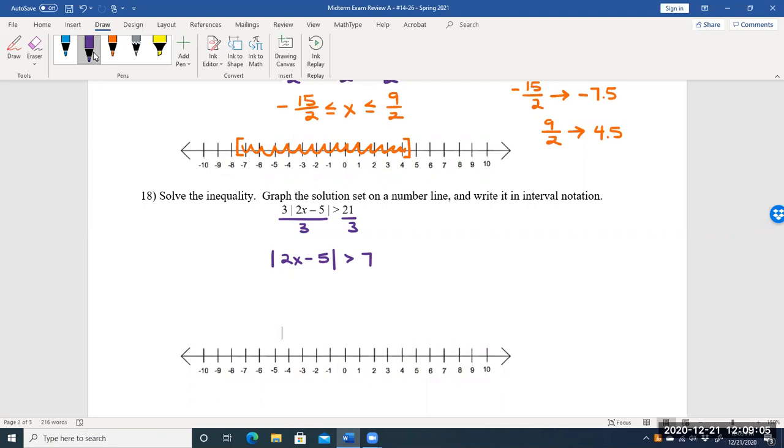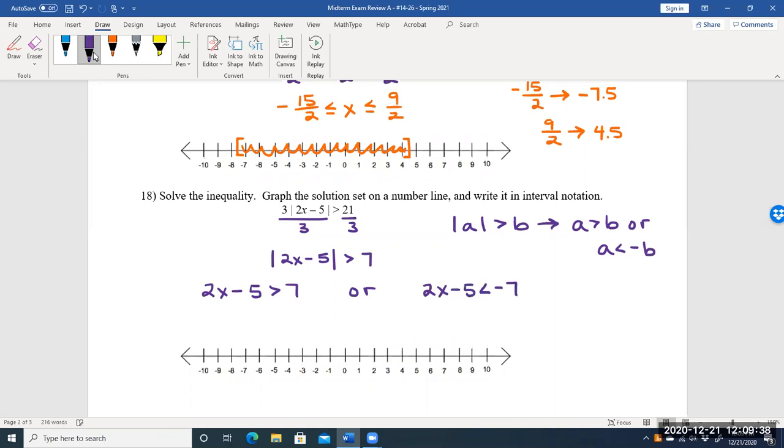Okay, then we have that if the absolute value of A is greater than B, then we can split this into A is greater than B or A is less than negative B. So we are going to split this into 2x minus 5 is greater than 7 or 2x minus 5 is less than negative 7.